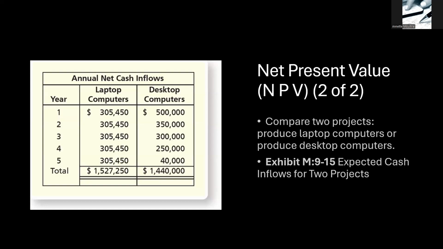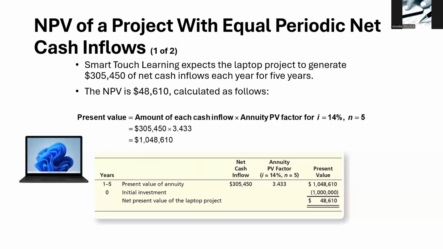To decide how attractive each investment is, we find its net present value. So, Smart Touch Learning expects the laptop project to generate $305,450 of net cash inflows each year for 5 years. $305,450. Okay, let's get that straight.